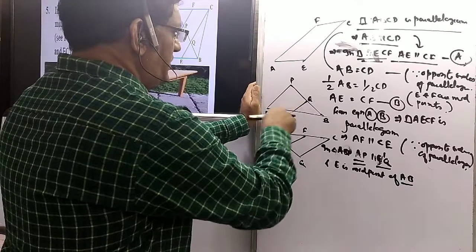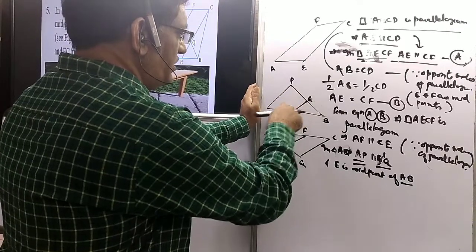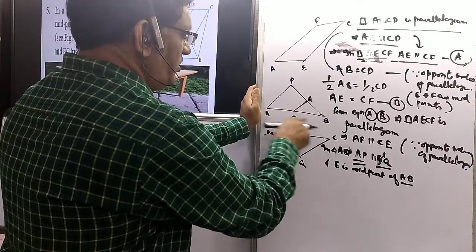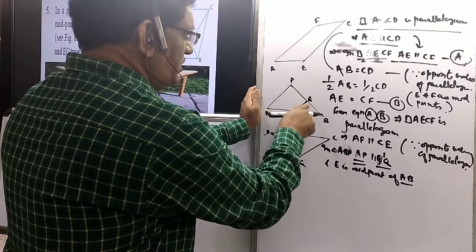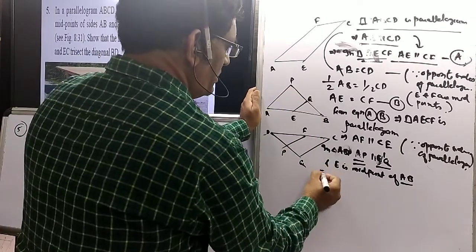If these two lines are parallel, these two segments are parallel, and E is the midpoint of AB, definitely Q is implied.